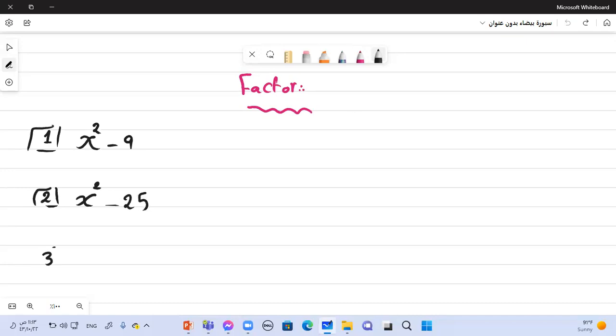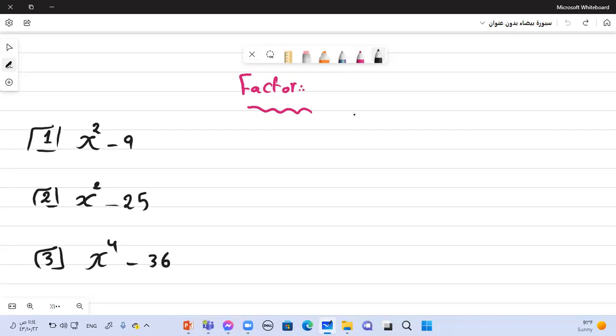Another exercise, x power of 4 minus 36. How do we factorize? If we have any expression, I want to cut it. Okay, factor. Yes, x minus 9 and x plus 9? No. x minus 3 and x plus 3.